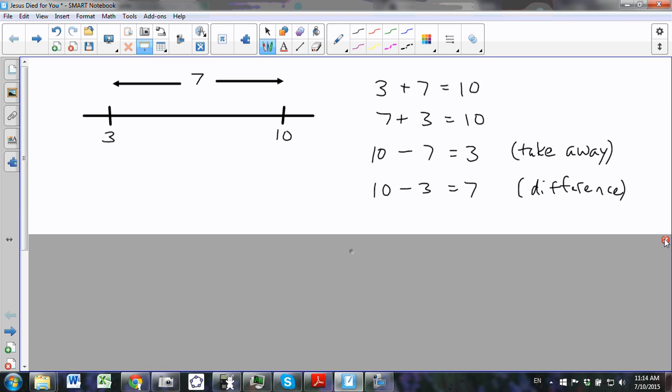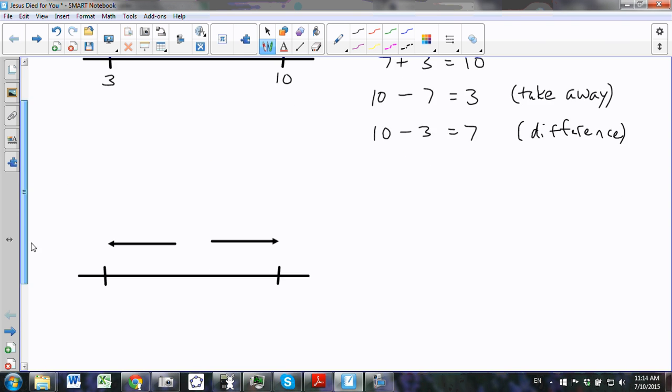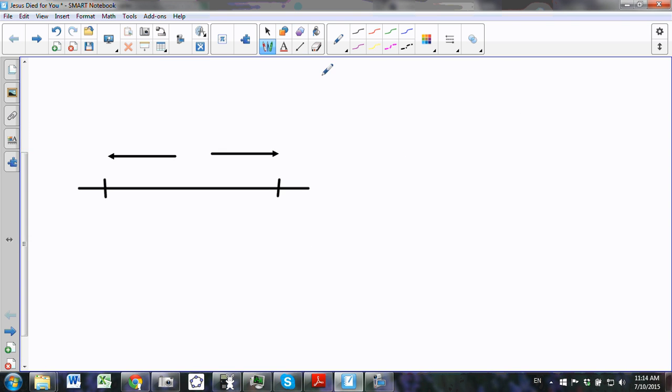Okay, now I'm going to do this a little more abstractly this time, so that we don't get caught up in specific numbers. I'm going to have a number that I'm going to call star. Star represents a number. We don't know what number it is.